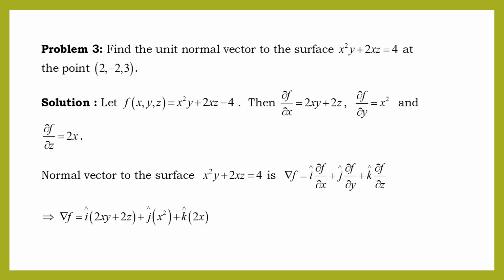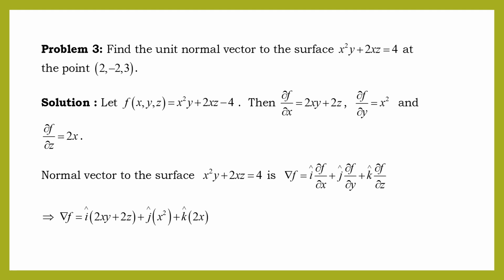The first partial derivative, dou f by dou x, equals 2xy plus 2z. Dou f by dou y equals x square. Dou f by dou z equals 2x. Now, we have to find the normal. Normal to the surface means gradient only. It is sufficient if we find the gradient.